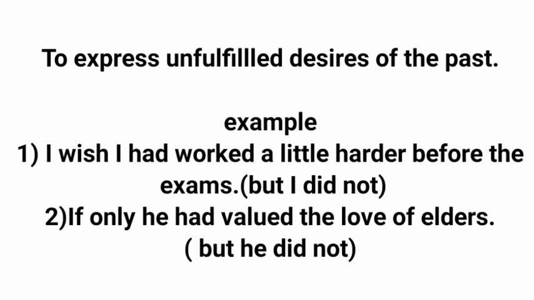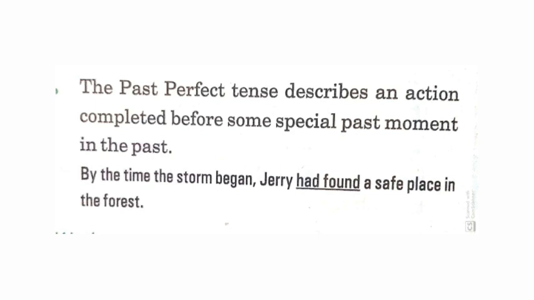It's very important to note, children, that past perfect tense describes an action completed before some special past moment in the past. If you remember this, you will be very, very comfortable with the sentence. For example, by the time the storm began, Jerry had found a safe place in the forest.